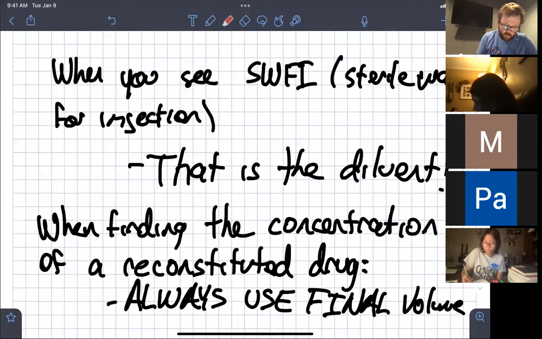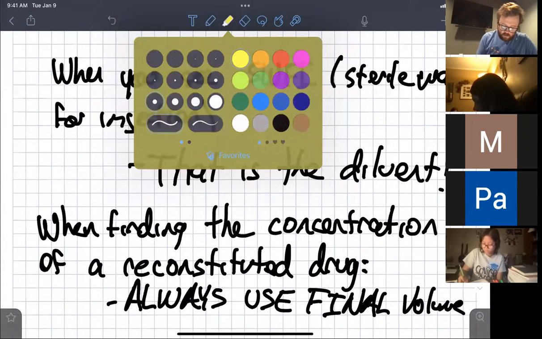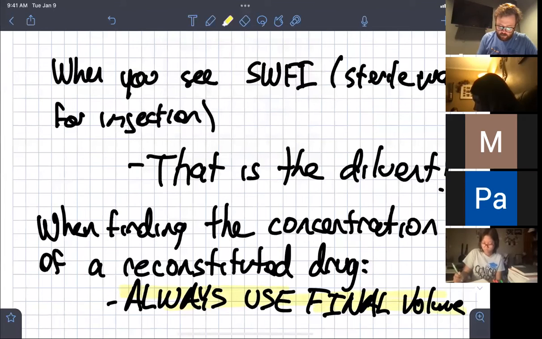That one's huge right there. Always use the final volume when you're solving for your concentration.